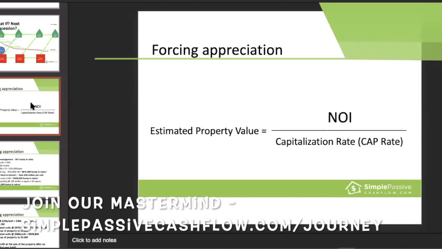Look, the property may look the same on the exterior and have similar square footage and be a similar vintage or year, but we don't know what's going on in that NOI, which is the numerator in this equation. We know what the cap rate is, and if we have the cap rate, we can figure out the estimated property value, but we don't know the NOI of that other sold property.